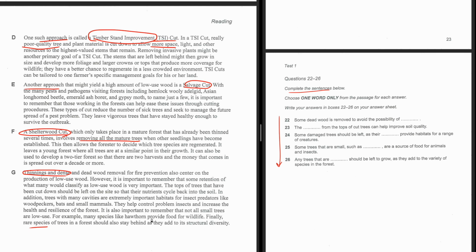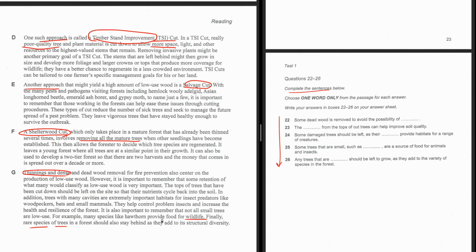For wildlife. Okay. So, a species of trees actually. Wildlife. Any trees that are blah blah. So we need an adjective for trees should be left to grow as they add to the variety of species in the forest. Yes. So many species.